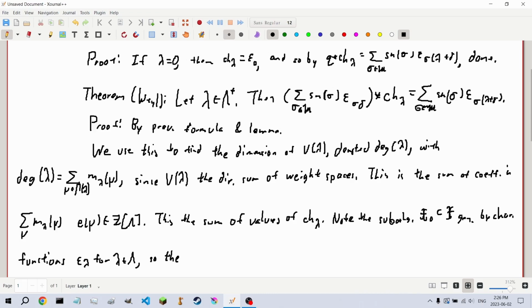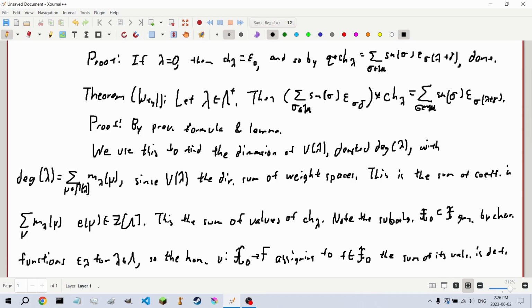So the homomorphism v from X naught to F, assigning to each f in X naught the sum of its values, is defined. So now we need to compute v of the character of lambda as a function of lambda.